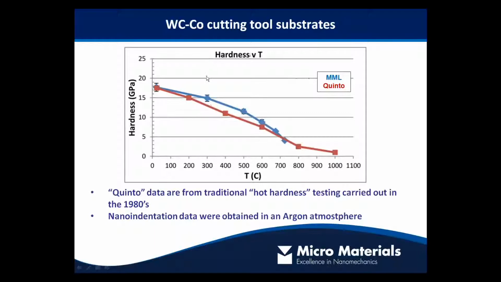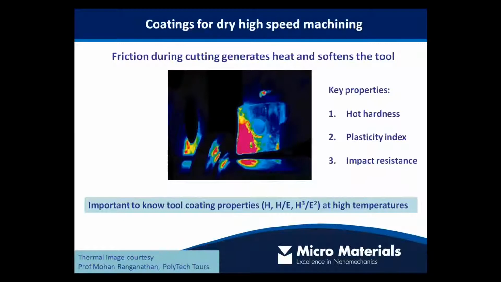Incidentally, these measurements were carried out in an argon atmosphere, as the cobalt binder in the tungsten carbide materials oxidizes very readily, causes the material to expand, and very much limits your maximum measurement temperature and the amount of time you have before the sample degrades too far.